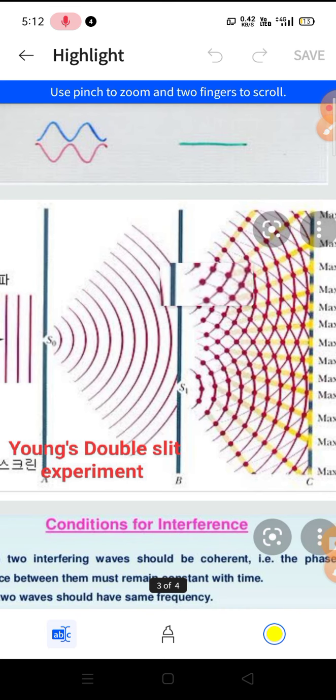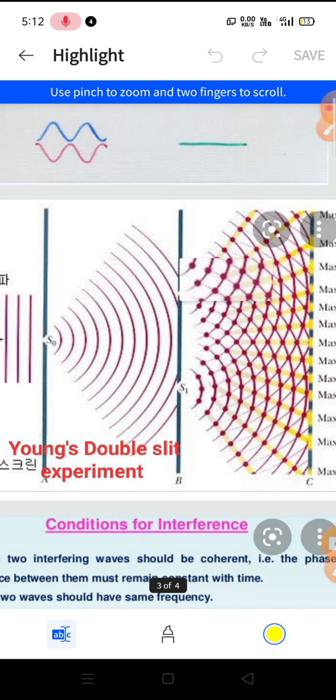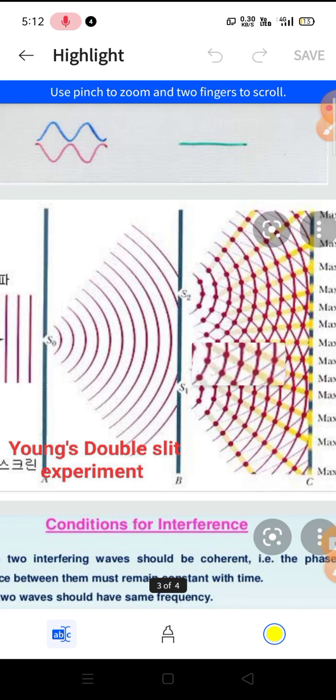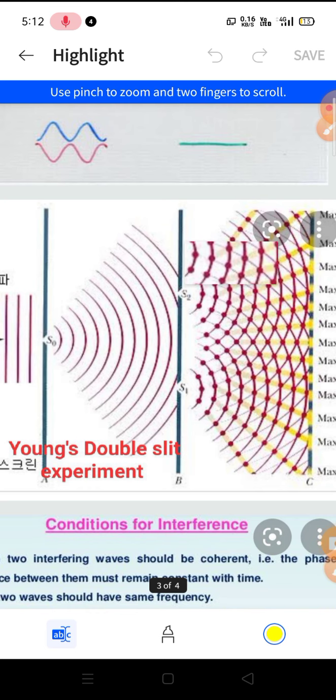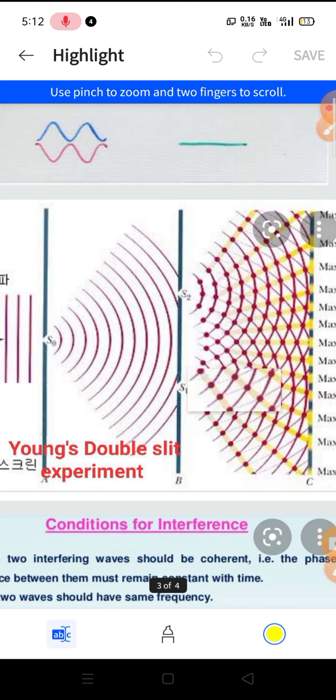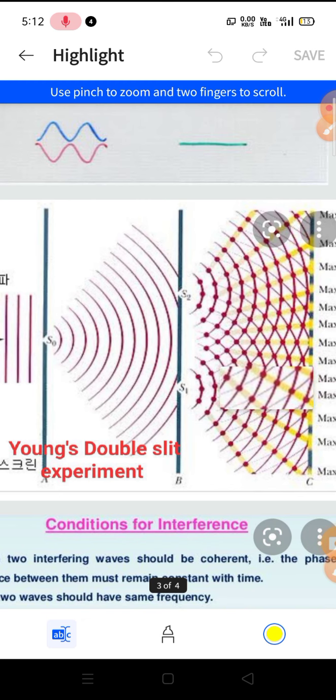You can observe S2 here and S1 here. These two slits act as two secondary sources, giving rise to different wavefronts. The wavefronts coming out of S1 and S2 overlap one another, giving rise to constructive interference and destructive interference.